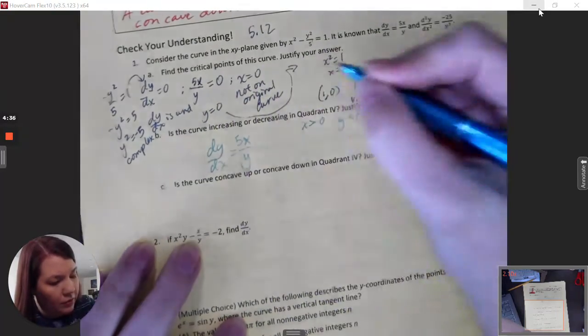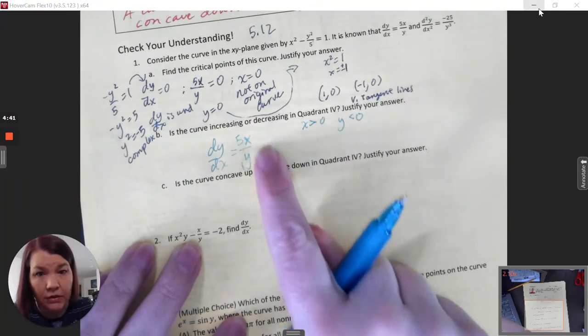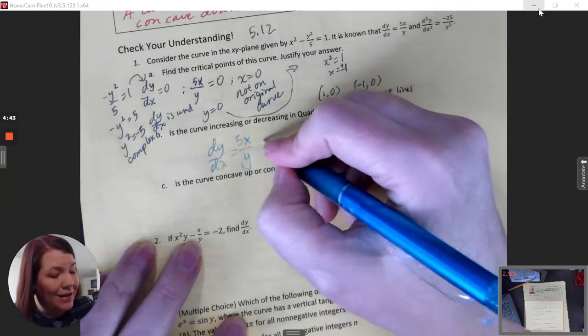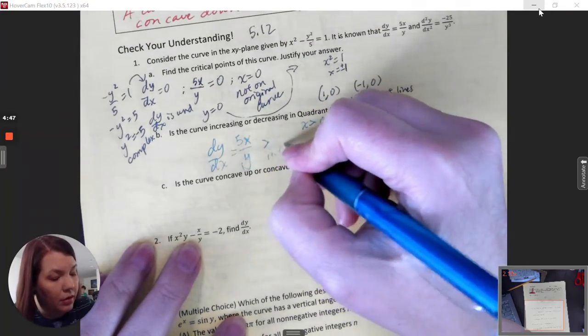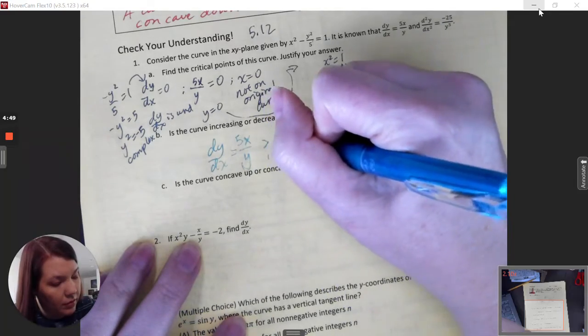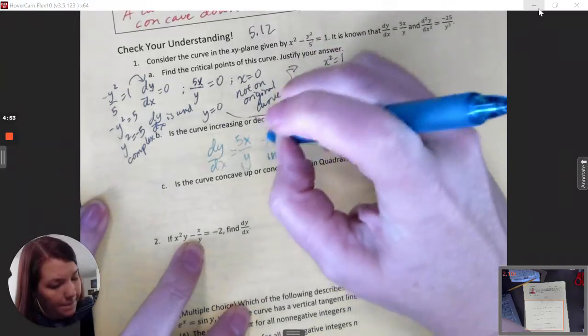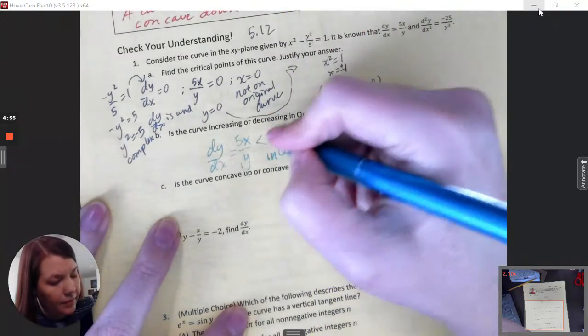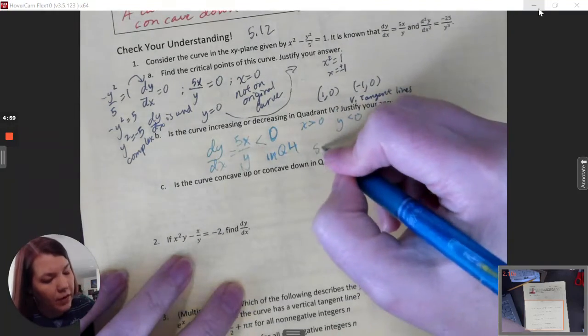And in quadrant 4, since x is positive and y is negative, the signs are different, which makes this negative.